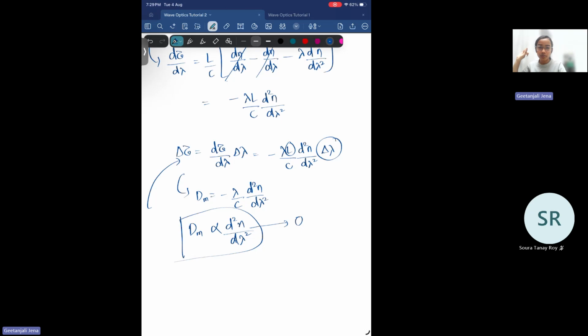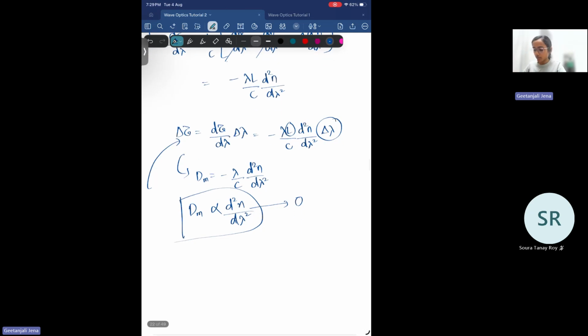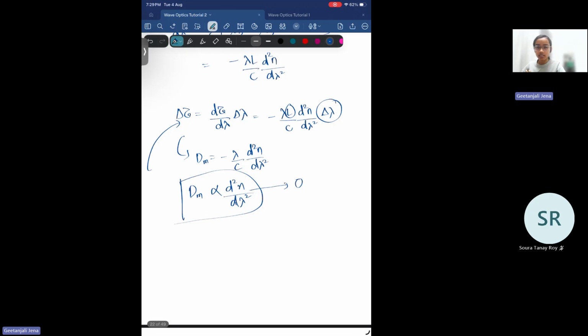That is why this wavelength is quite important. To find the wavelength at which the material dispersion is zero, we need to see the condition where d square n over d lambda square is zero. This is the condition for zero material dispersion, to find the zero material dispersion wavelength.